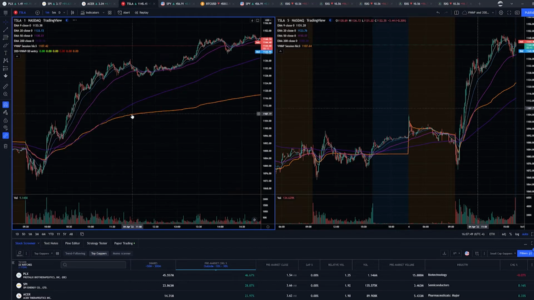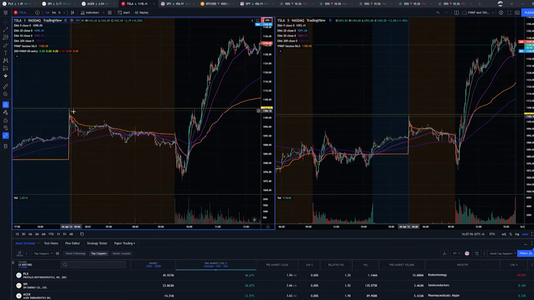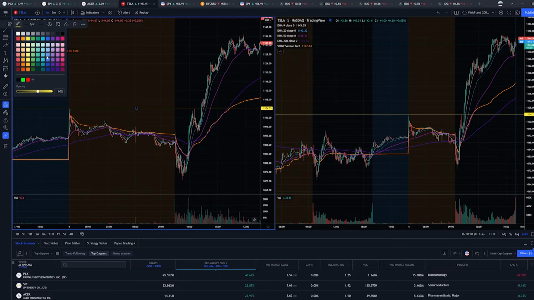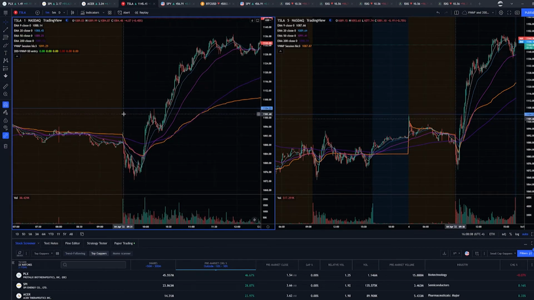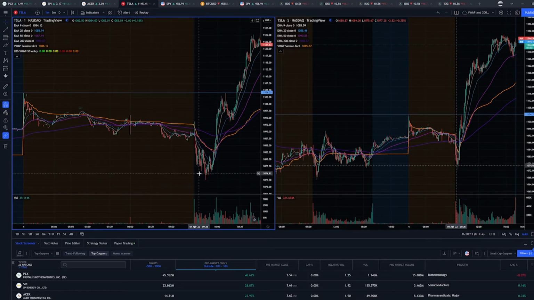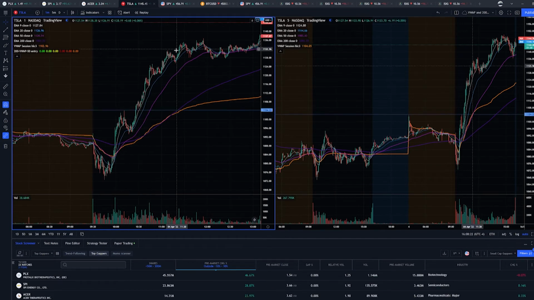This is Tesla, for example, and you can see that in this case the pre-market high, which we may highlight in blue, served as a pretty clear resistance price for the stock when it moved from down here, which, as you can see, is also a support level, and then it moved higher from here.